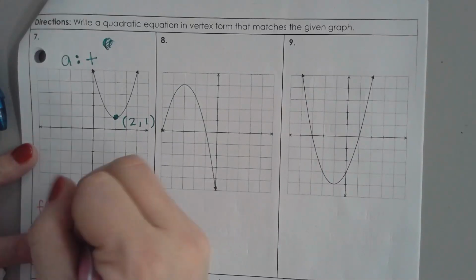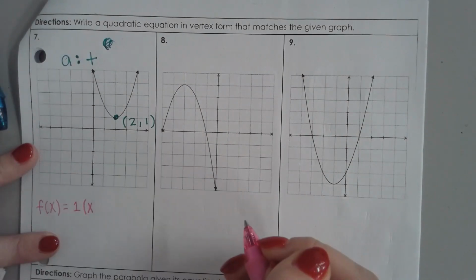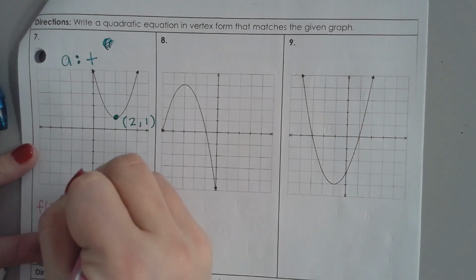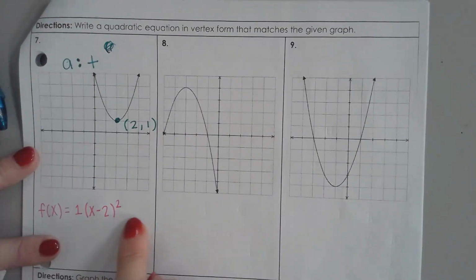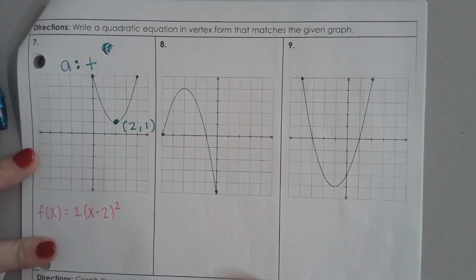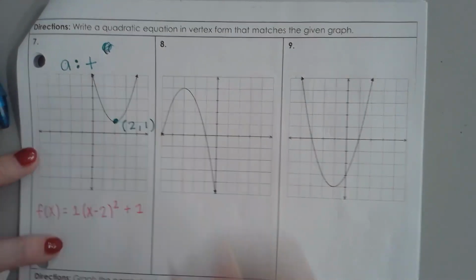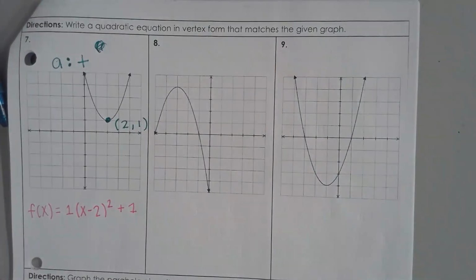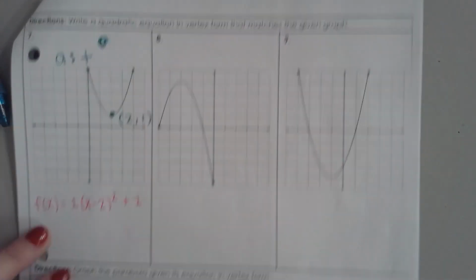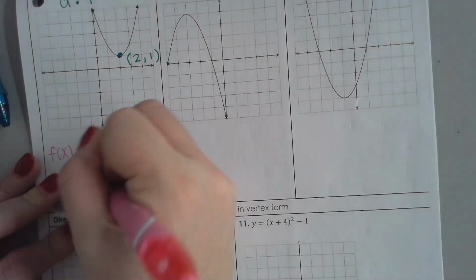X minus 2 squared, and then +1. Yep. If it's just a positive 1 in the very front, you can put that, or you don't have to put that. Kind of like 1x is x. That's obvious if you know that. So I would have accepted this, or just that.